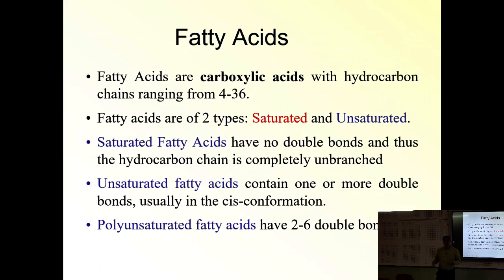Now, we will go to the internal structure of fatty acids. How are fatty acids classified? There are 2 ways. First is essential fatty acids and non-essential fatty acids. Essential means it cannot be synthesized in our body and can be taken up through diet.